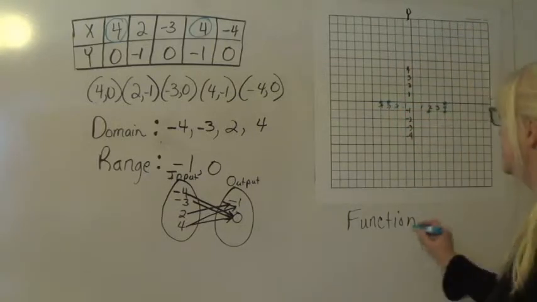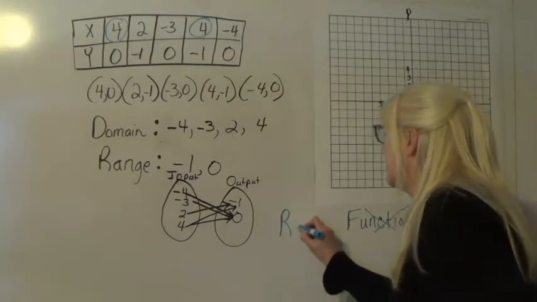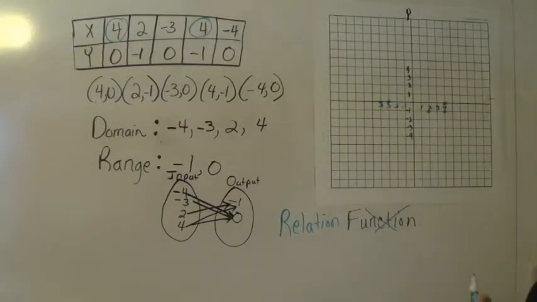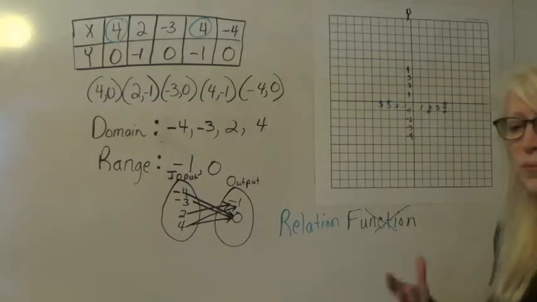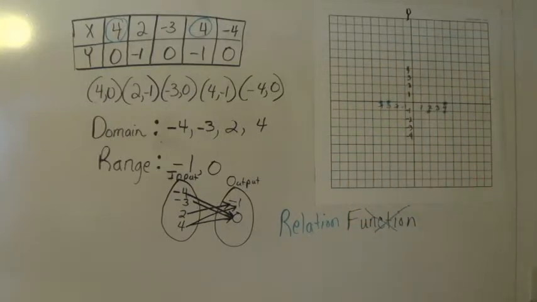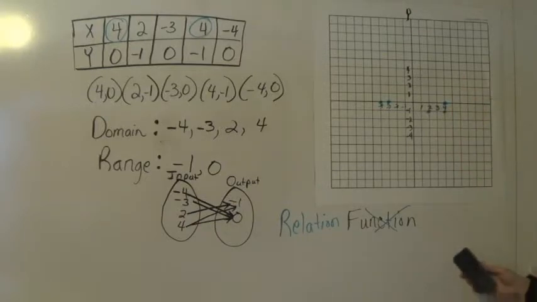So this one is not a function. It is a relation. So very easy. It's great to graph your points so that you can see them stack on top of each other and just verify, yes, these stack vertically, so it's a relation.